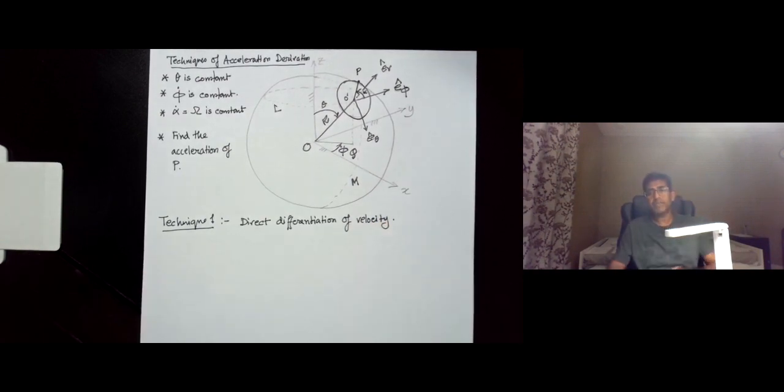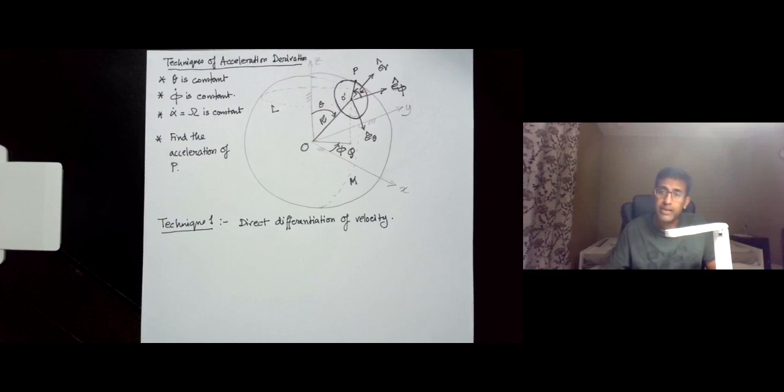Just like we had shown the direct differentiation of position as an approach to find velocities, we are going to use direct differentiation of velocity as an approach to find the accelerations. It is a pretty straightforward approach.